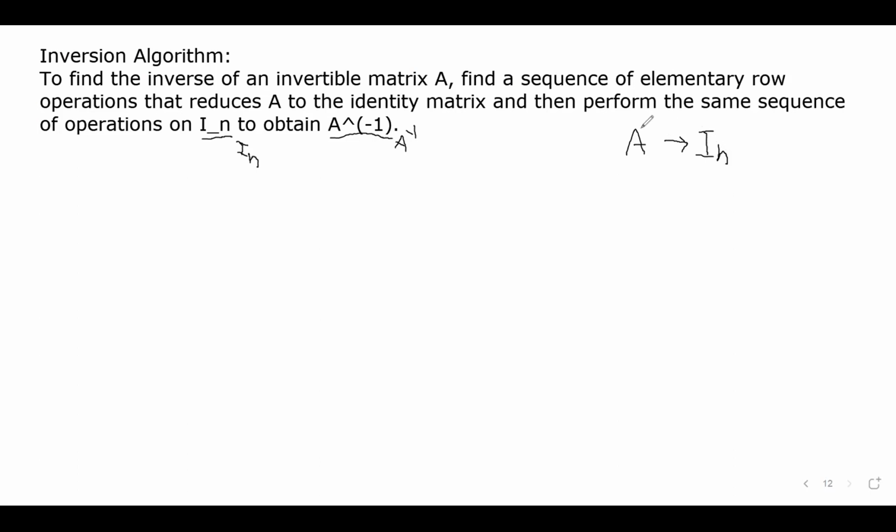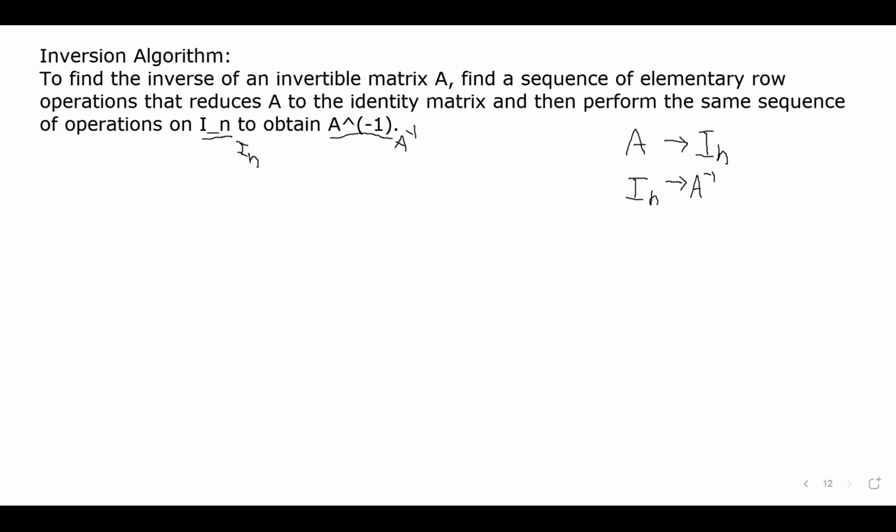So if you have a sequence of elementary row operations that goes from A to I sub n, perform the same sequence on I sub n to get A inverse. The one arrow represents possibly many elementary row operations, a sequence of them.